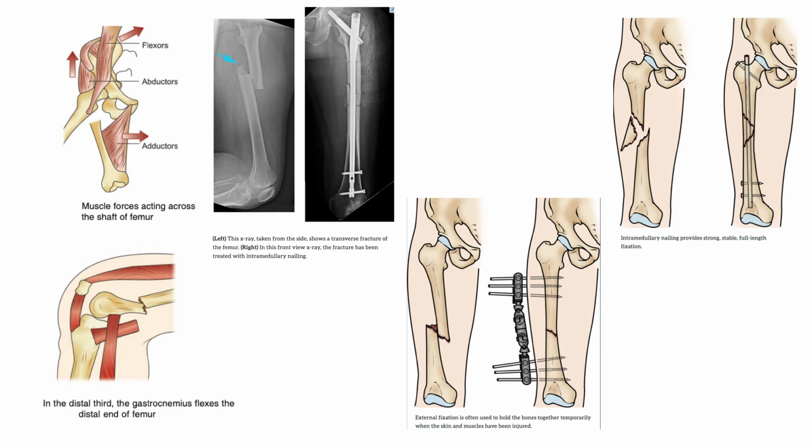Sartorius, again, the tailor's position, crosses hip and knee. So it is responsible for hip flexion and knee flexion as well, with abduction and lateral rotation, not internal, it is lateral rotation.